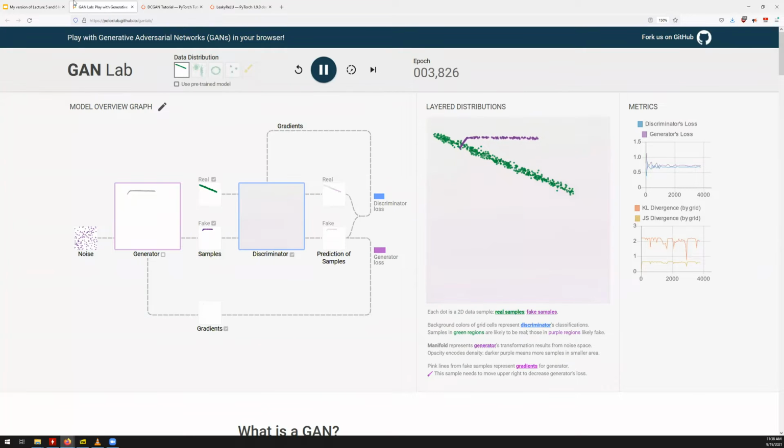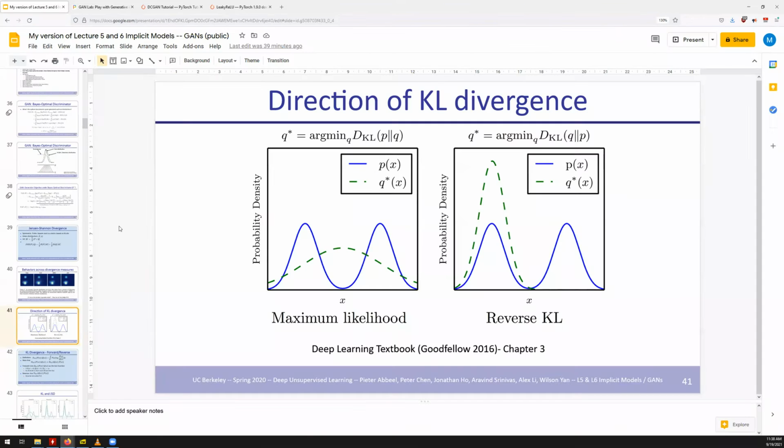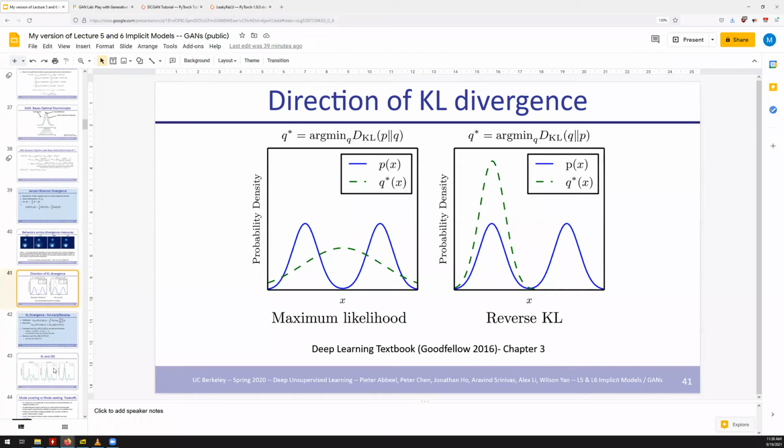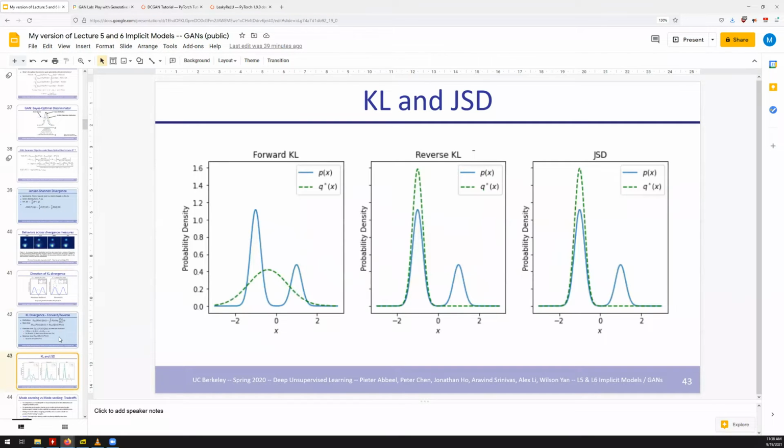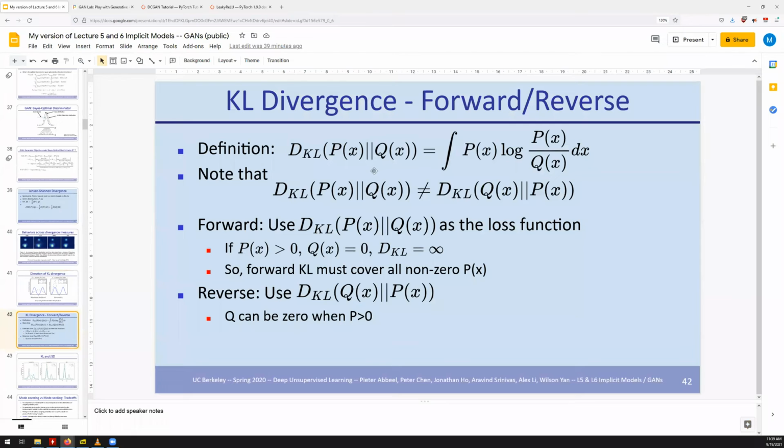Maybe this idea here is it. This is the forward and the reverse KL divergence, so you have to bear with me for a minute.